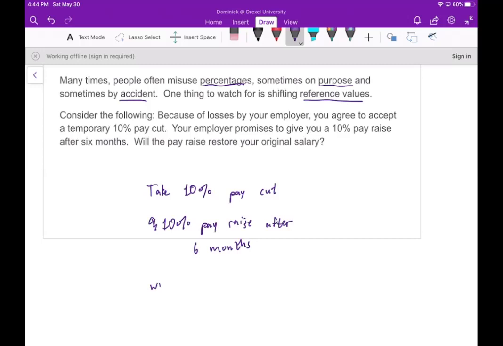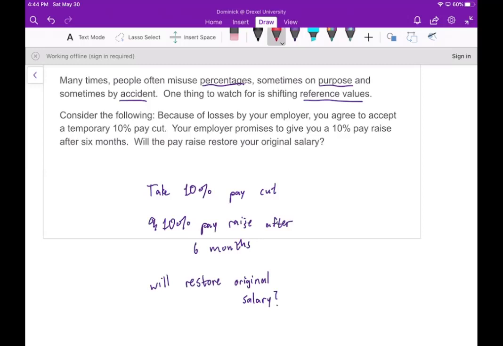Now, of course, will this restore the original salary? Right? And of course, the answer is no, but I want to show you a concrete example why.